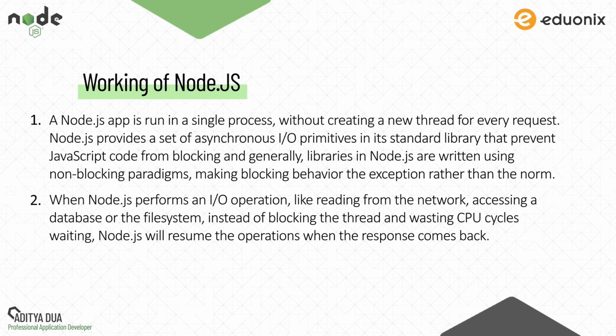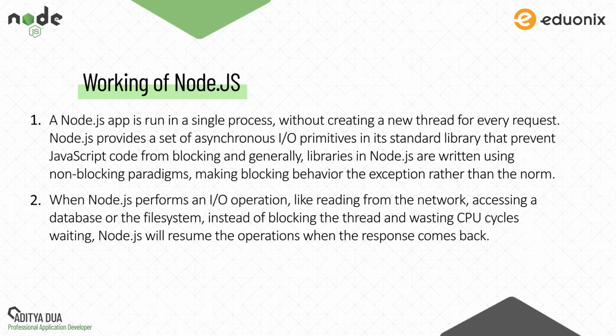So CPU cycles are not wasted. What is the advantage? Since CPU cycles are not wasted, a small server can resemble a very powerful server because the CPU is switched in a very fast manner, allowing multitasking and multiprocessing at the same time.